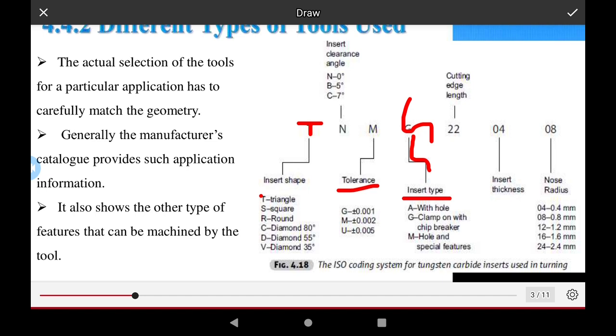Okay, and the other is the sum of value given for the 2020 cutting, it is the length.